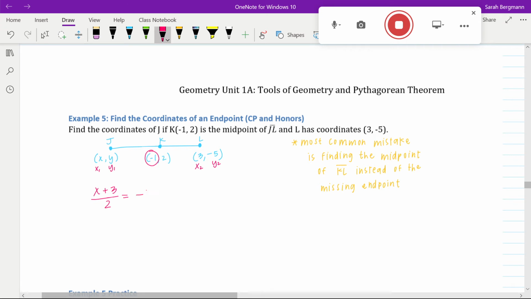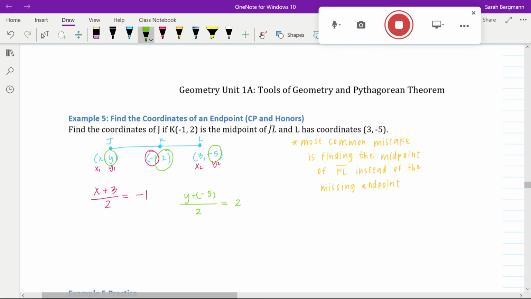The x coordinate of the midpoint is negative 1. Similarly, for the y coordinate, I would take y plus negative 5 divided by 2, which gives me the y coordinate of the midpoint, which is 2.